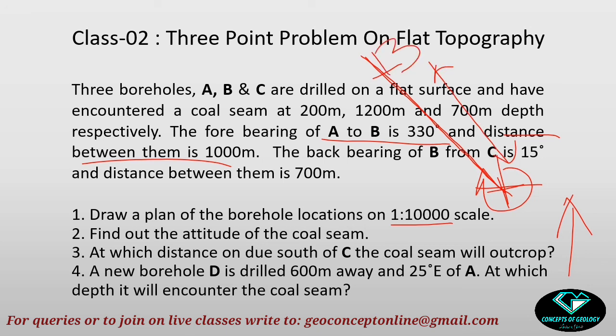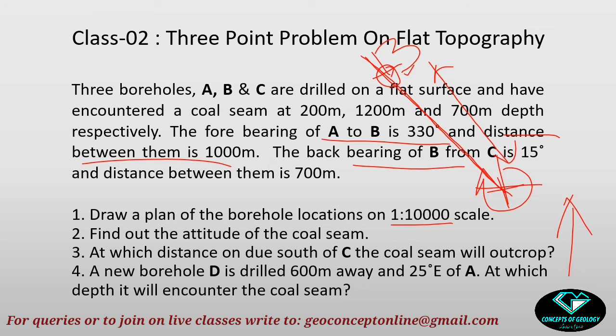So after locating B, I need to locate C. The clue is the back bearing is 15 degree from C to B. So that means this is B, and I have taken the back bearing. I am standing on B and I am taking the back bearing from C, and the back bearing is 15 degree. I don't know where C is located. So when I don't know where the position of C is, I can't take the back bearing actually.